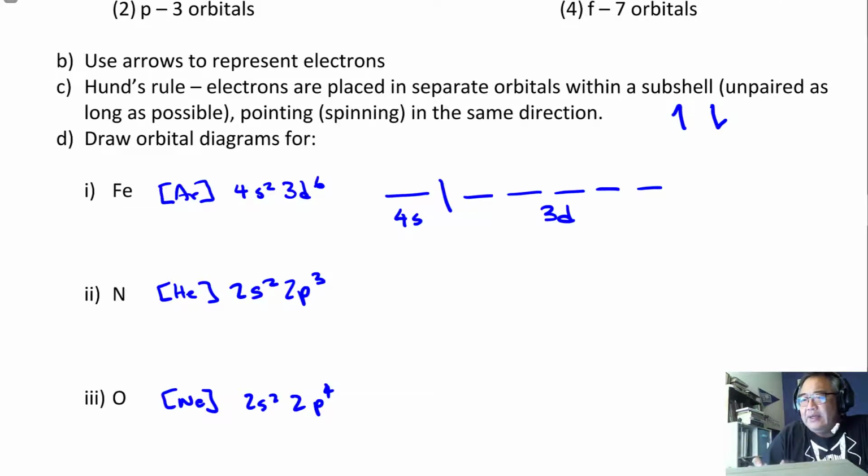It's a property. We don't really know that they're spinning, but it has to do with their magnetic fields. Electrons turn out to have their own little magnetic field, and we say they're spinning up or spinning down because of that. You always have to pair them so that if you're going to pair them, they're going in opposite directions, okay? So now we're going to put the d orbitals electrons in, and I have 6 of them.